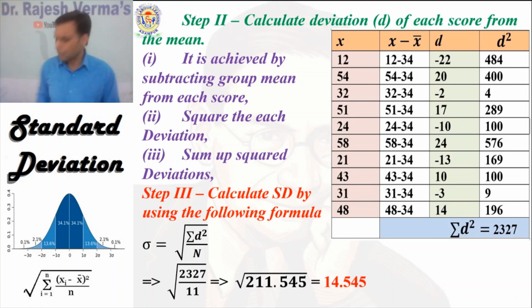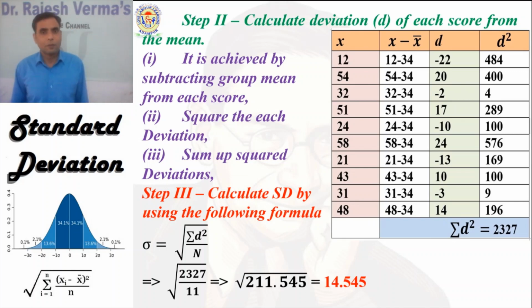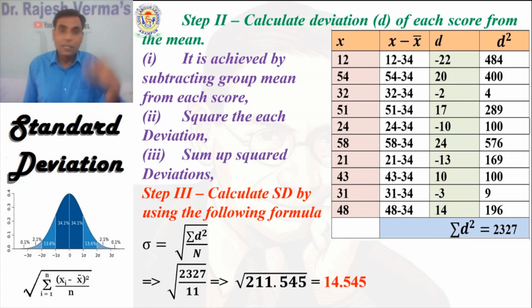Now one point, students generally ask me, sir, why do we calculate the square root? My dear friends, you squared the deviations and then you add them, and why do you square? Because you have to make up for the minus sign. You have to remove the minus sign. For that you go for the squaring of the deviations.